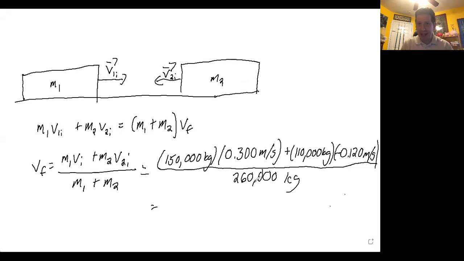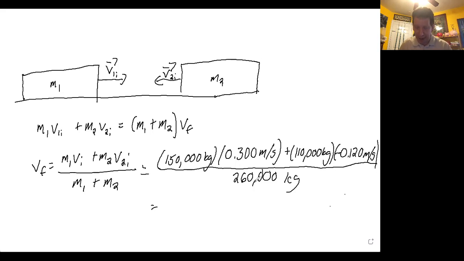That's what you're doing in the numerator, the total momentum: 150,000 times 0.3 plus 110,000 times negative 0.120. And you get 31,800 kilogram meters per second. It's positive, so when they link together, the two of them are going to move to the right.